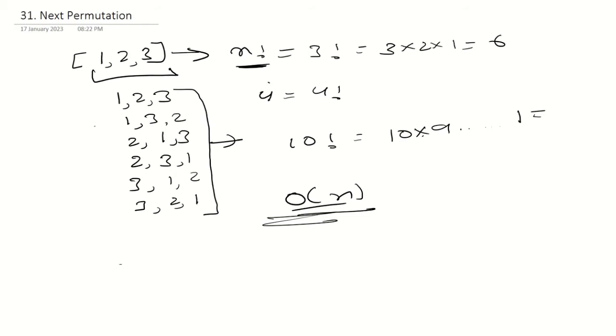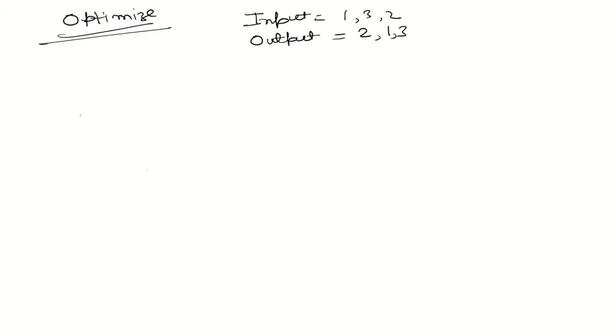Take this example. We have given the array 1 3 2, and our answer will be 2 1 3. Okay, so let me write the array over here. The initial array is 1 3 2. Now what we need to do is find the k.